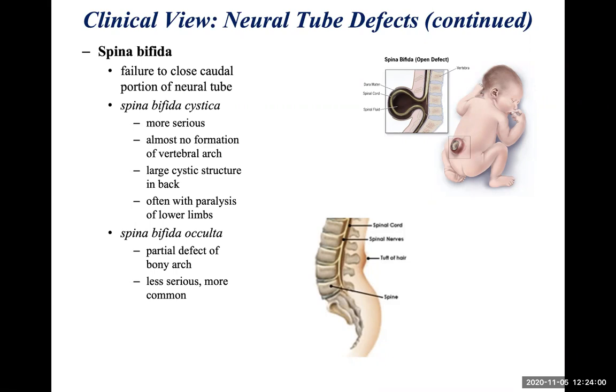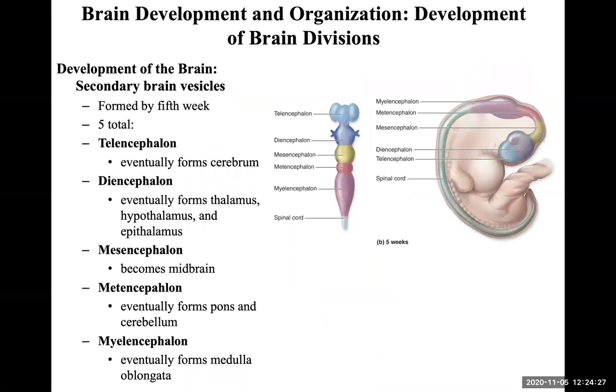But individuals with spina bifida occulta oftentimes are completely asymptomatic. One indication of occulta is that these infants can be born with a little tuft of hair that grows right where the defect occurs. But if that hair is not present, oftentimes people are completely asymptomatic.